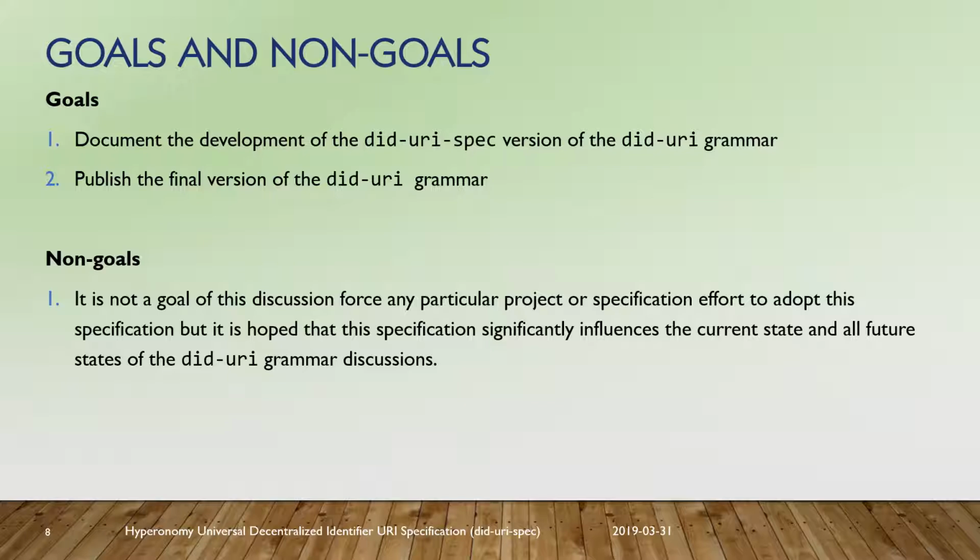Non-goals, it's not a goal of this discussion or this specification to force any particular project or existing specification effort to adopt this specification. But it is hoped that this specification will significantly influence the current state and all future states of the did URL grammar discussions.